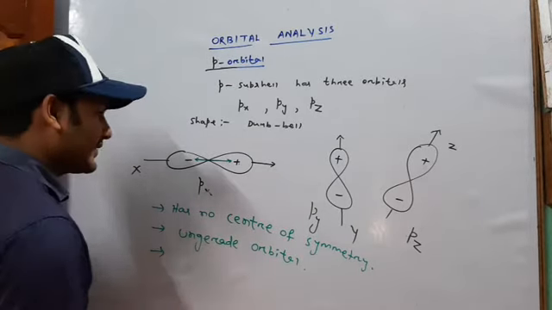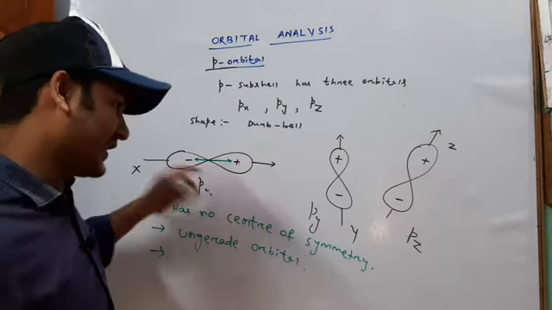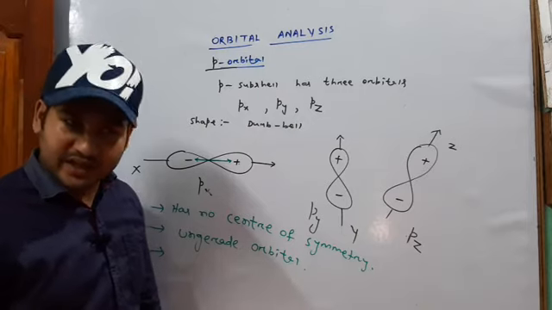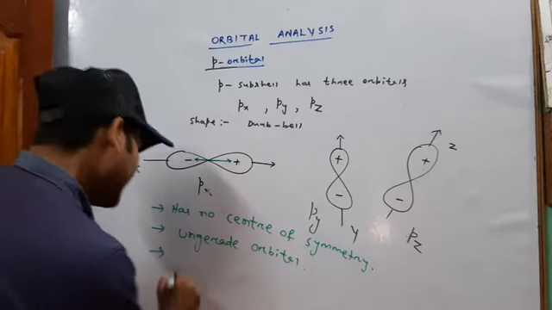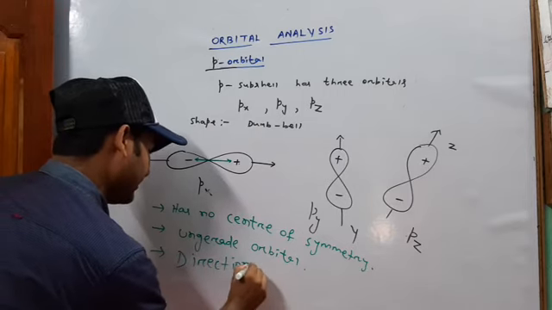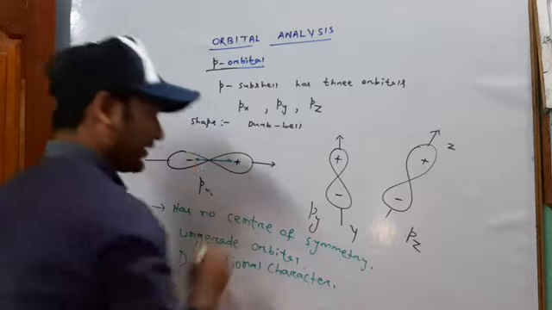As we know, p has particular directions along the x-axis, y-axis and z-axis, so we can say that the p orbital has directional character.